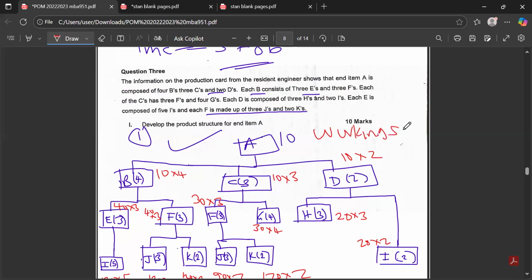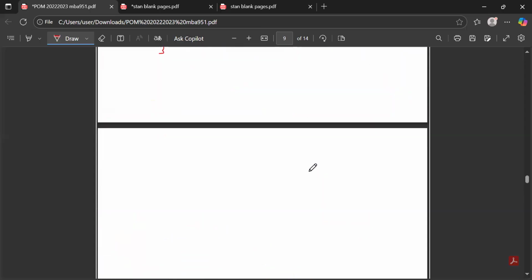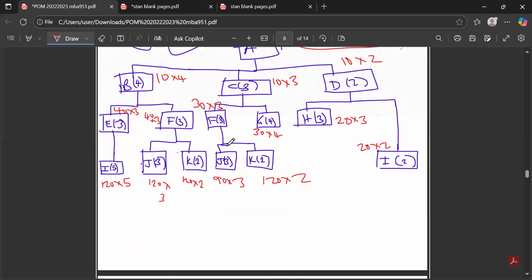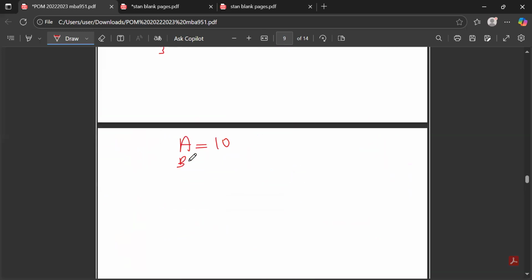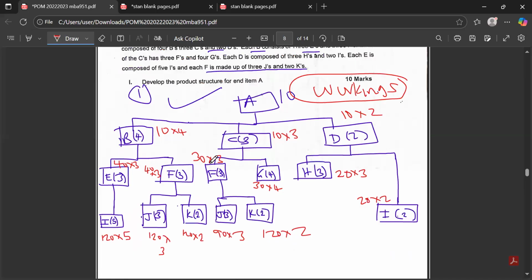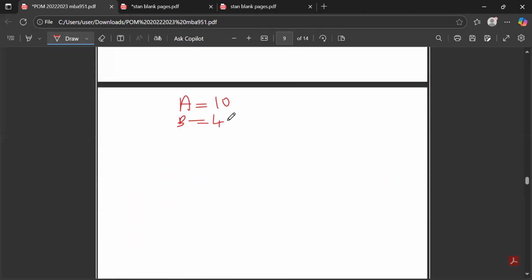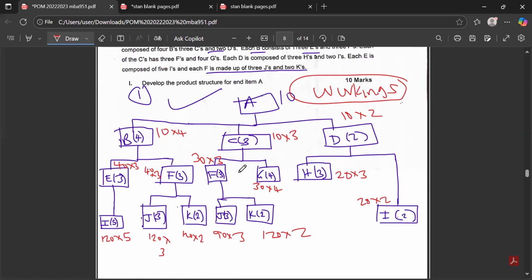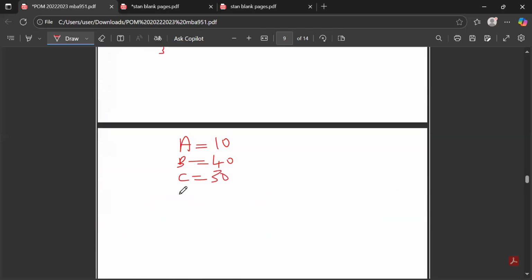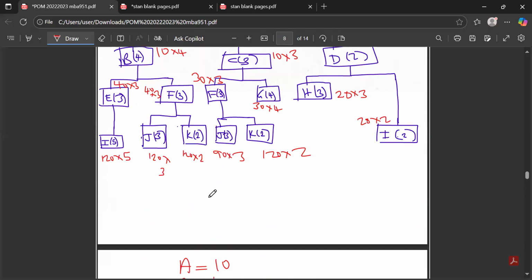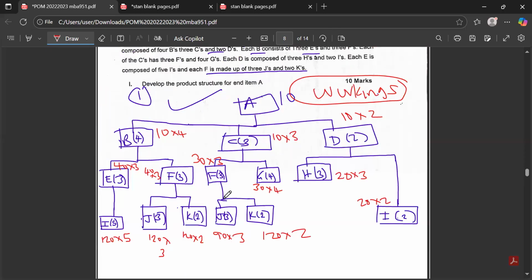Okay, so here now what goes on is that for A, we only have 10. Then for B, we have 40. For C, we are going to say 30. For D, which is only 20.